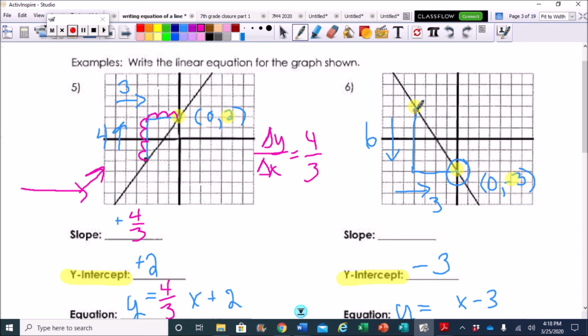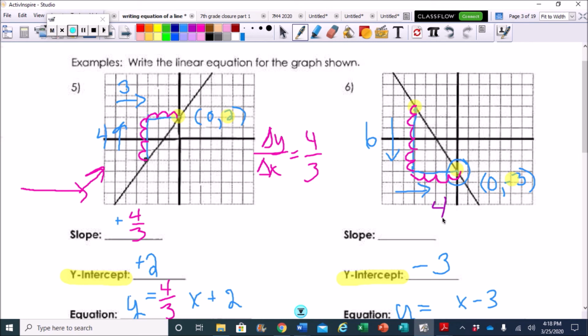And I go down 1, 2, 3, 4, 5, 6. Down 6. And right 4.